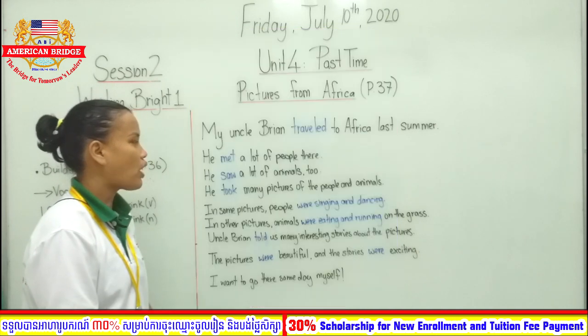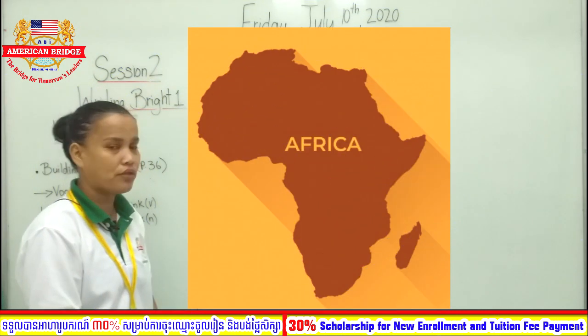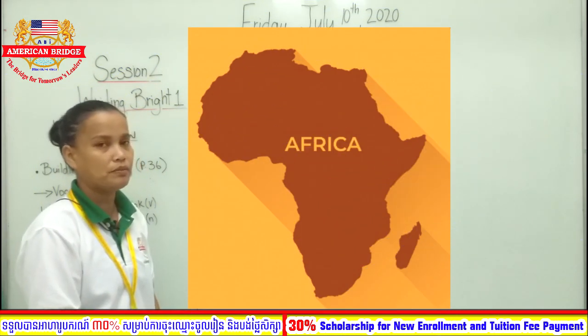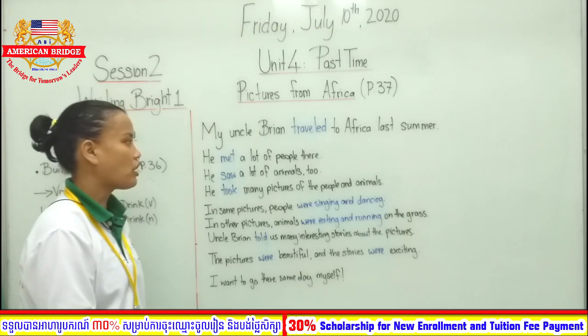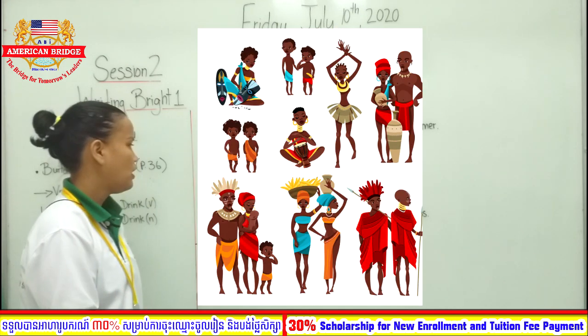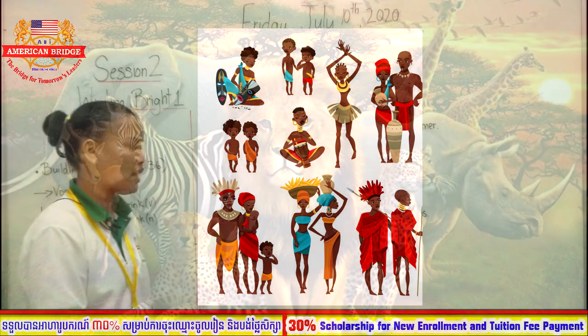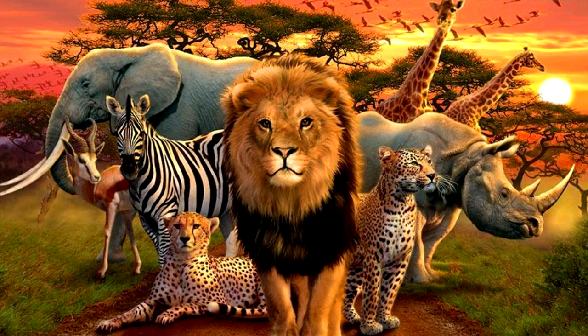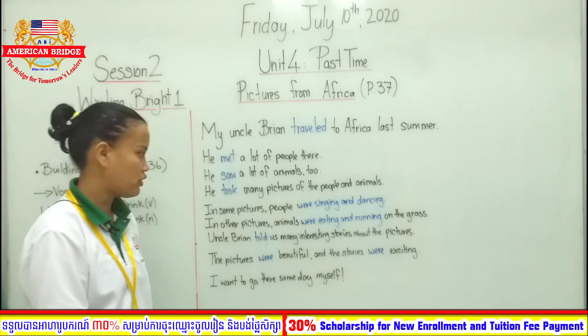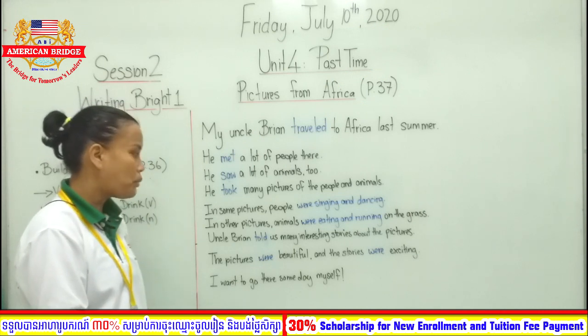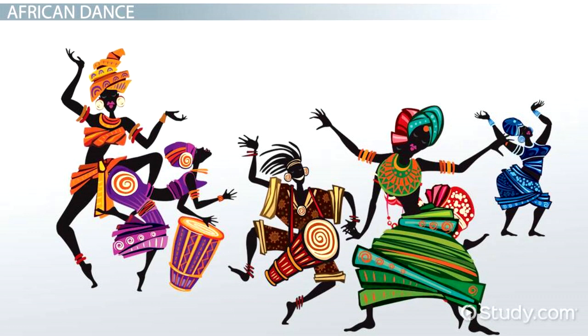My Uncle Brian traveled to Africa last summer. He met a lot of people there. He saw a lot of animals too. He took many pictures of the people and animals. In some pictures, people were singing and dancing.